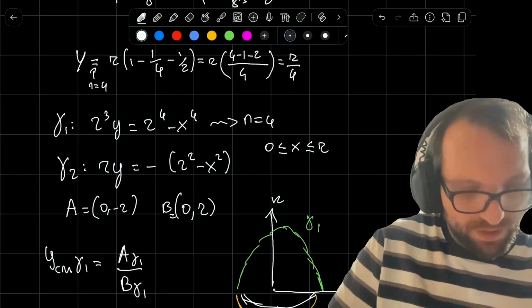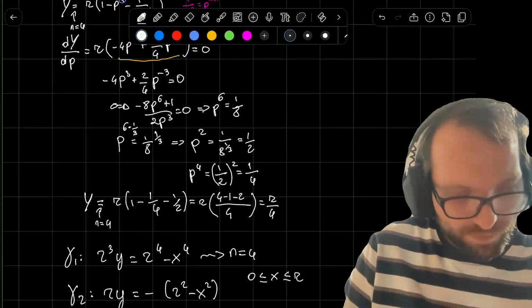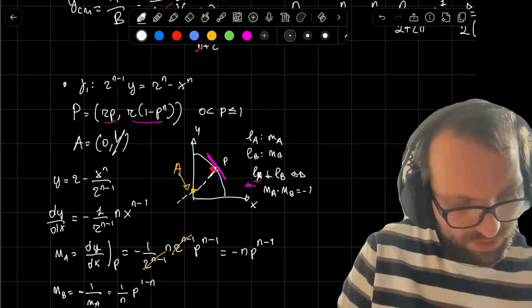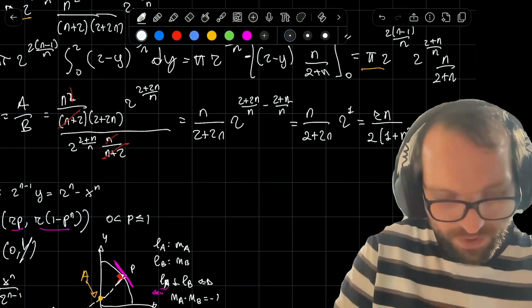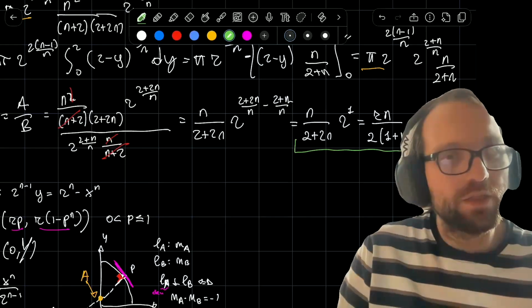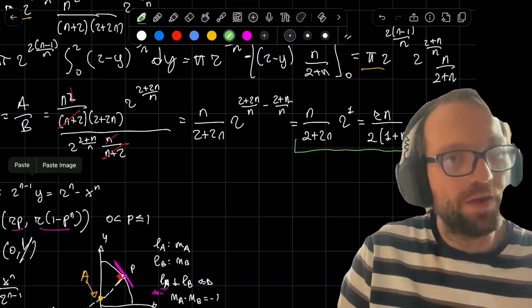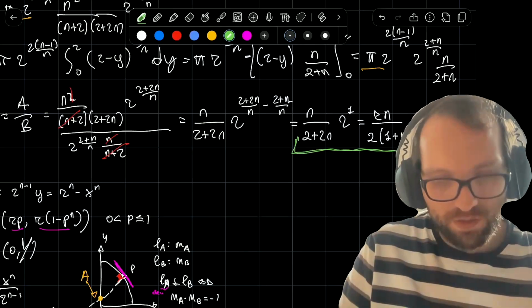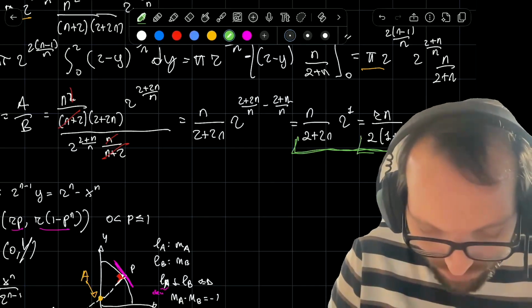And we know the center of mass of the previous object, which is this expression here. So we need to write this expression with n equal 4.